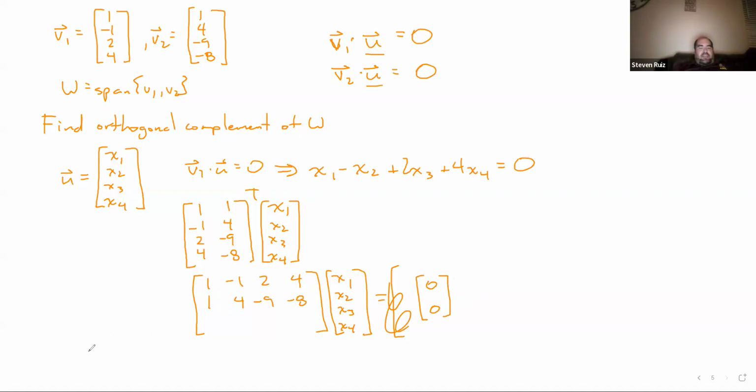So what I would like to do is reduce row echelon form this matrix, 1, -1, 2, 4, 1, 4, -9, -8, because this will tell me what the null space is.